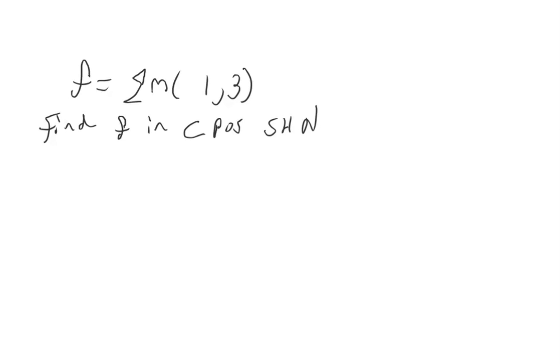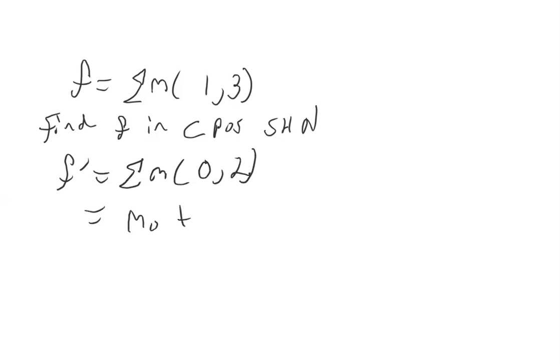A couple of ways. One thing I could do is I could try and find F prime at 0 and 2. Then I could write it out as M0 or M2.